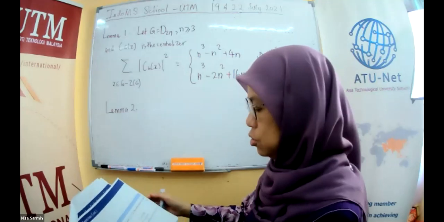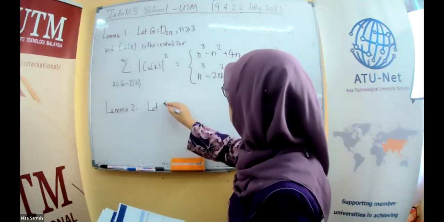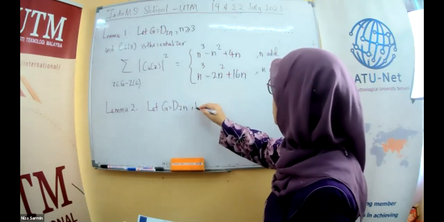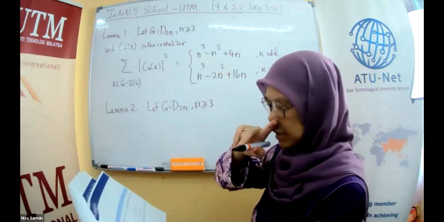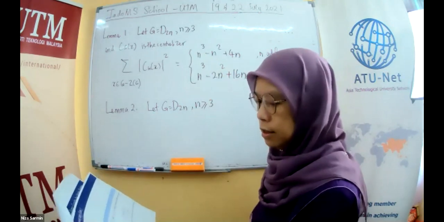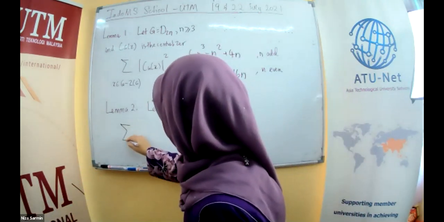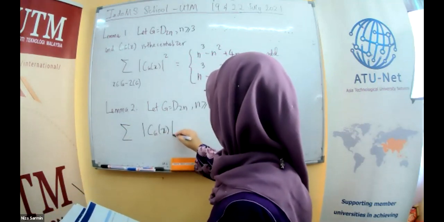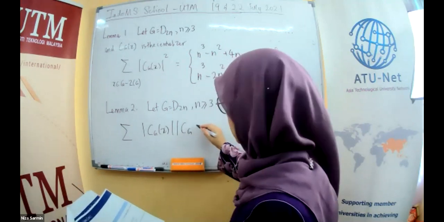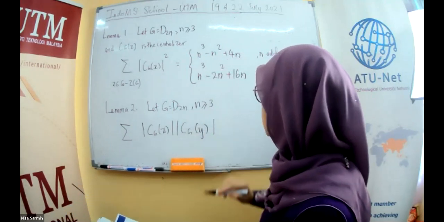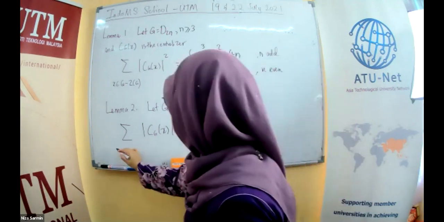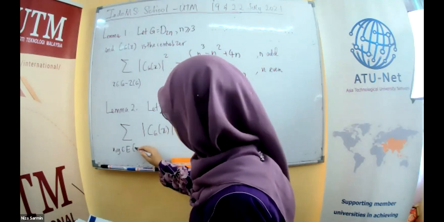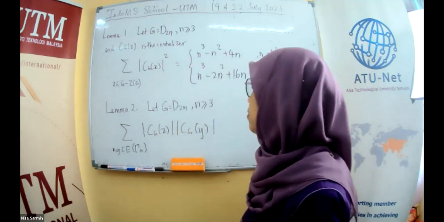Okay, lemma 2. Again we have let G be D2n, and the same thing, C_G(x) is the centralizer. Now, for the second Zagreb index, we have the product of these two centralizers whenever xy is an edge of the graph.